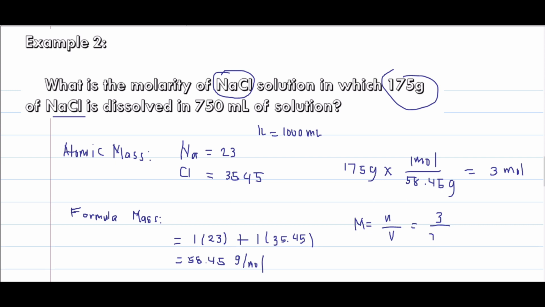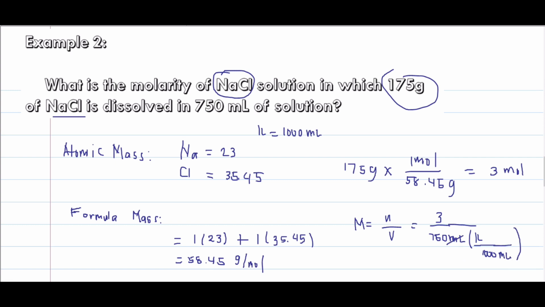We have 750 ml, which we multiply by 1 liter over 1000 milliliters.